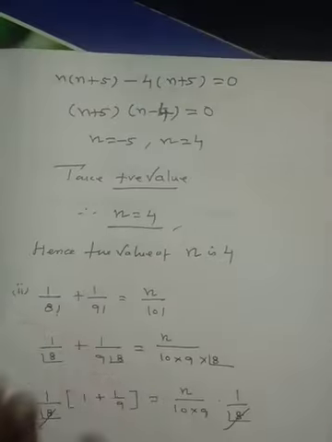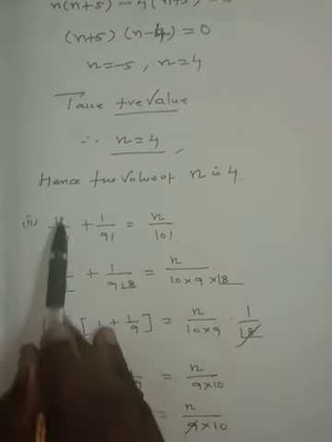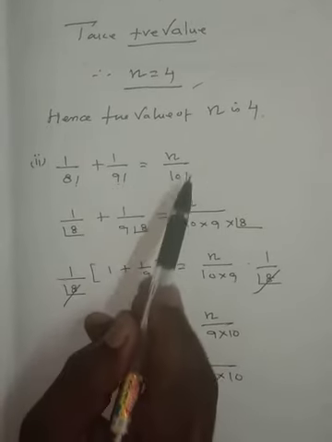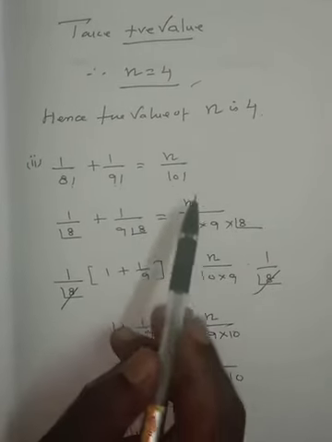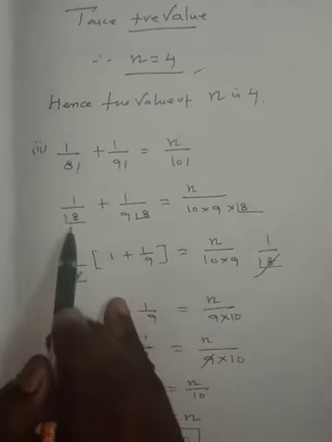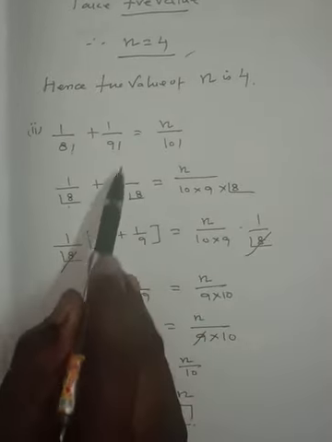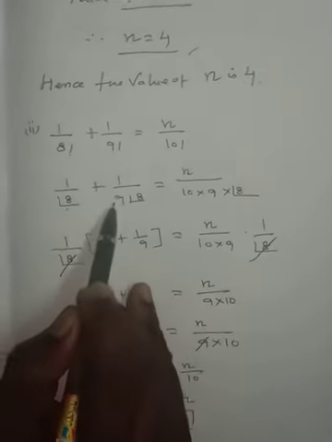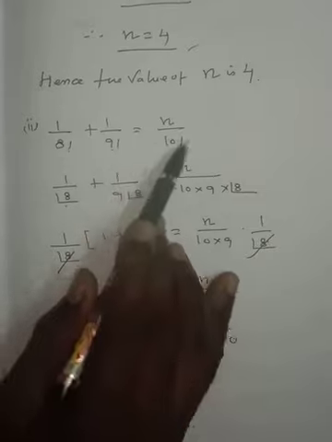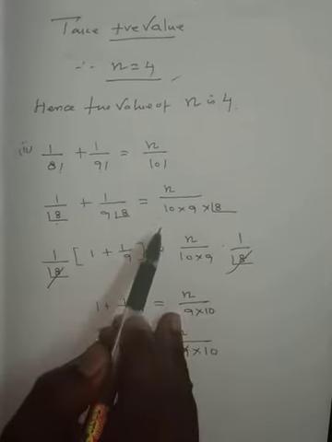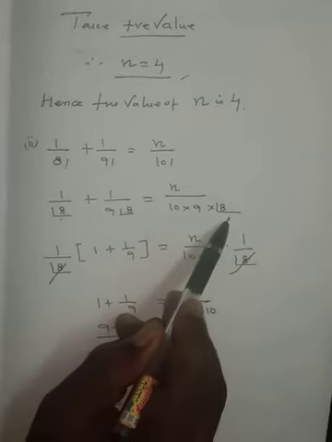Next, subdivision number 2: 1 divided by 8 factorial plus 1 divided by 9 factorial is equal to n factorial divided by 10 factorial. First, 1 by 8 factorial plus 1 by 9 into 8 factorial is equal to n divided by 10 factorial, which means 10 into 9 into 8 factorial.